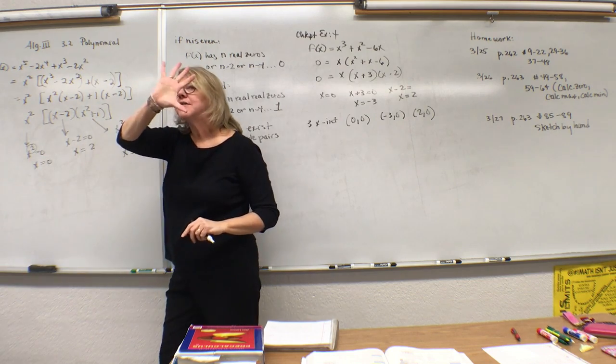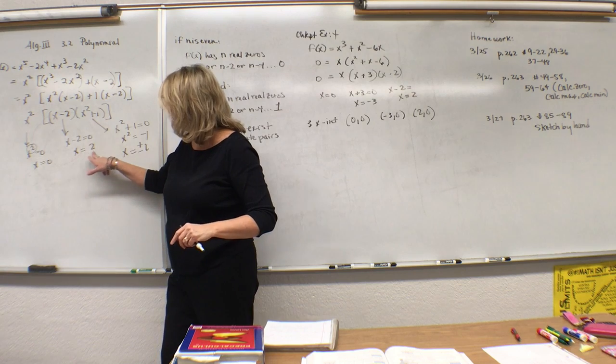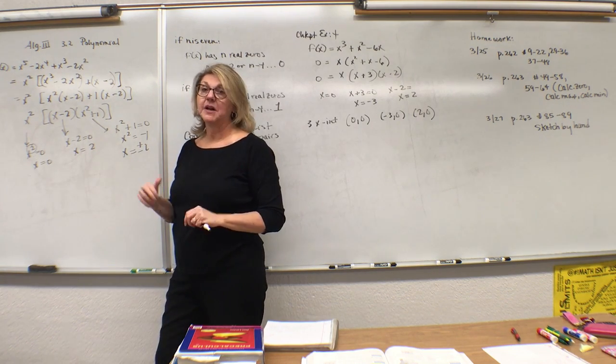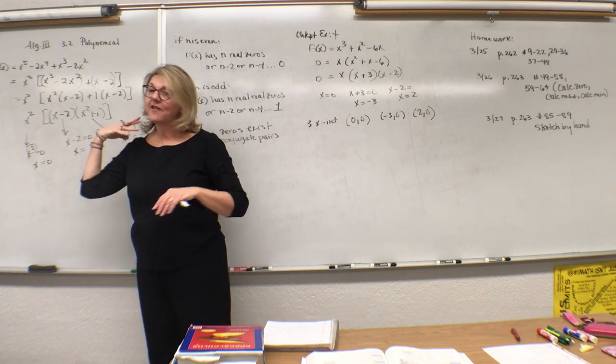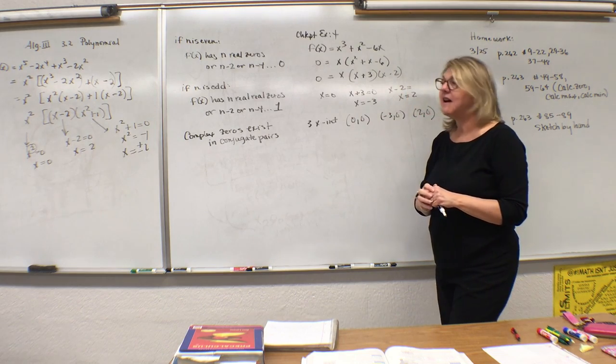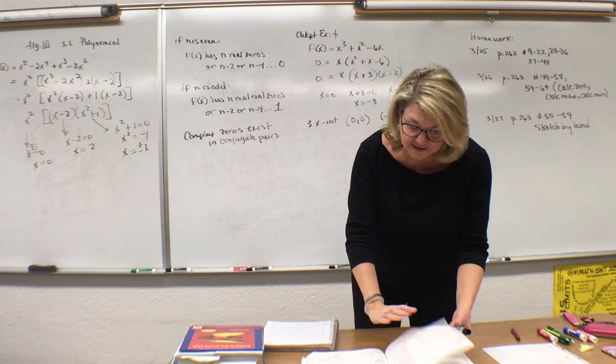We have to have 5 zeros, but 2 of them are here. But that's still an x-intercept. One of them is here, and the other 2 are complex. So here's a scenario where we have a combination of real zeros and complex zeros.